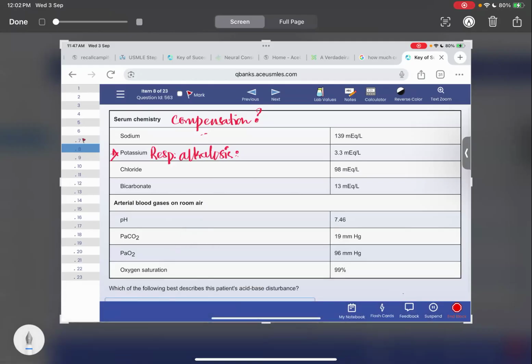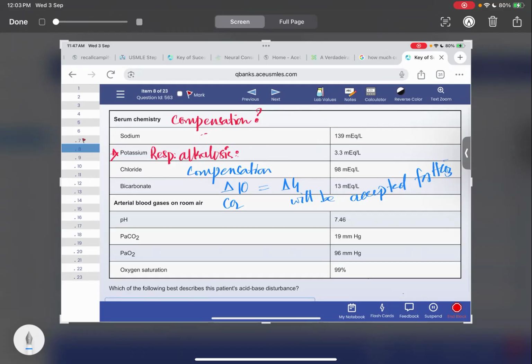Okay, now I am making it simple, you will understand. For compensation, if we have a difference of 10 in carbon dioxide, a difference of 4 will be accepted for bicarb. If it is more than 4 or less than 4, it will be abnormal.